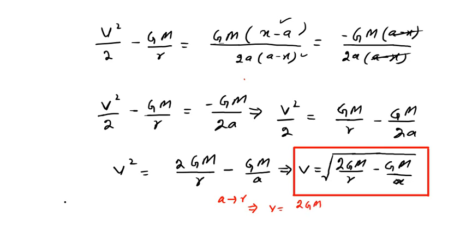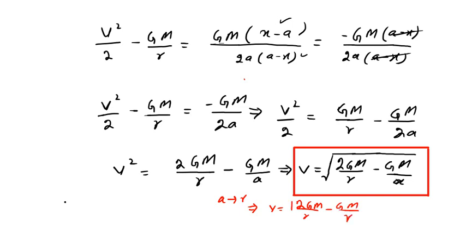So v is equal to the square root of 2GM divided by r minus GM divided by r.